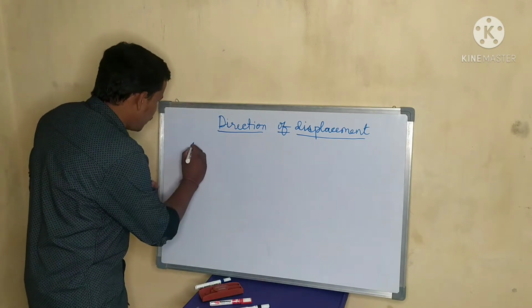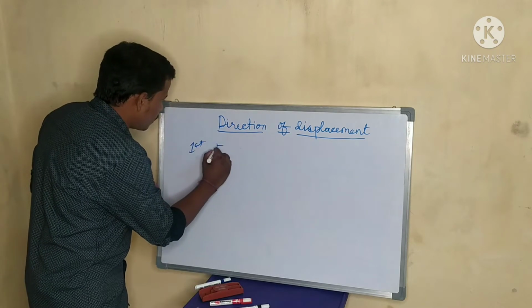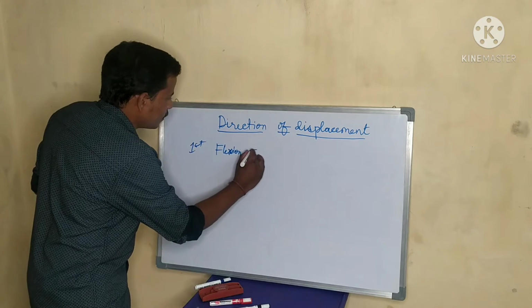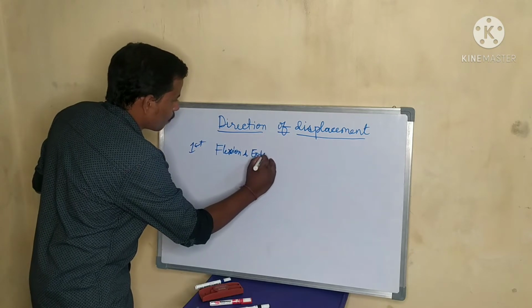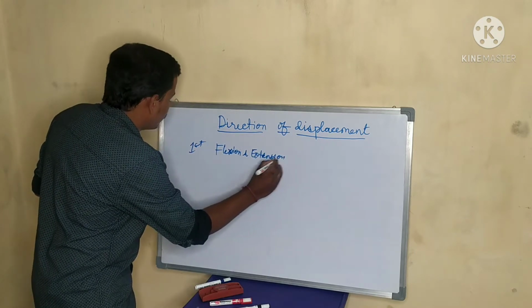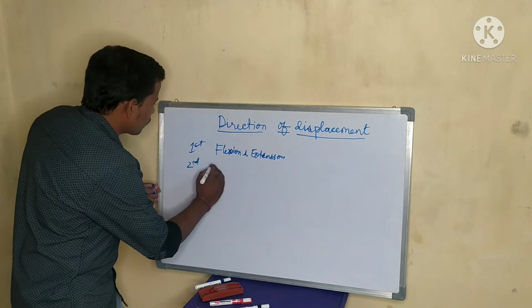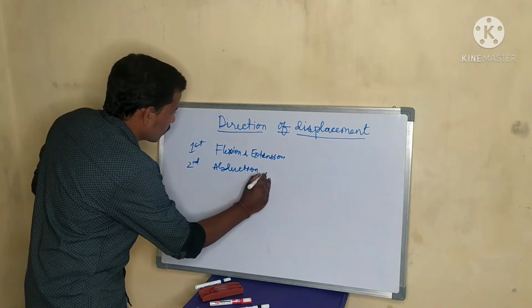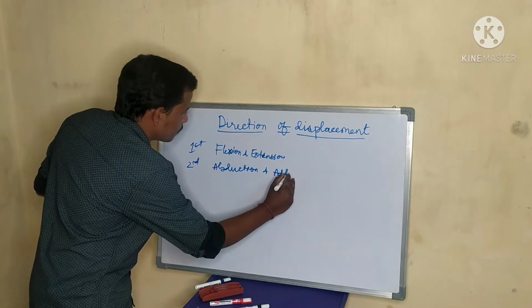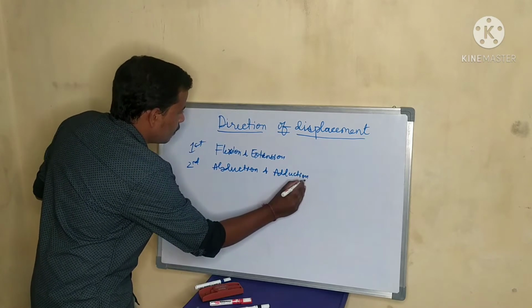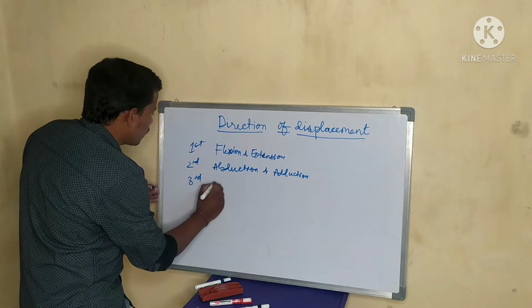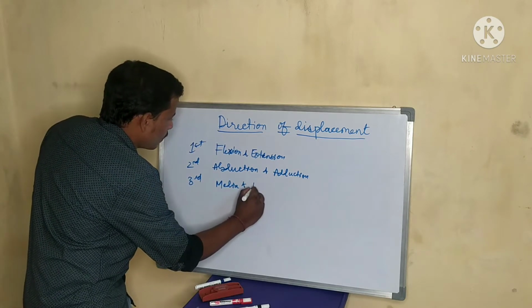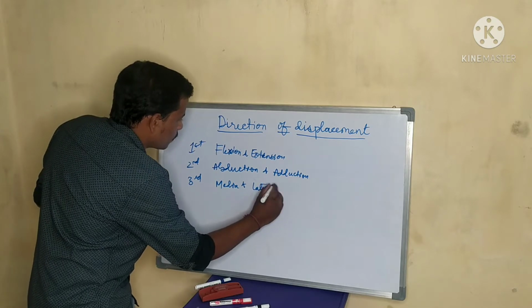The first pair is flexion and extension. The second is abduction and adduction. The third pair is medial and lateral rotations.